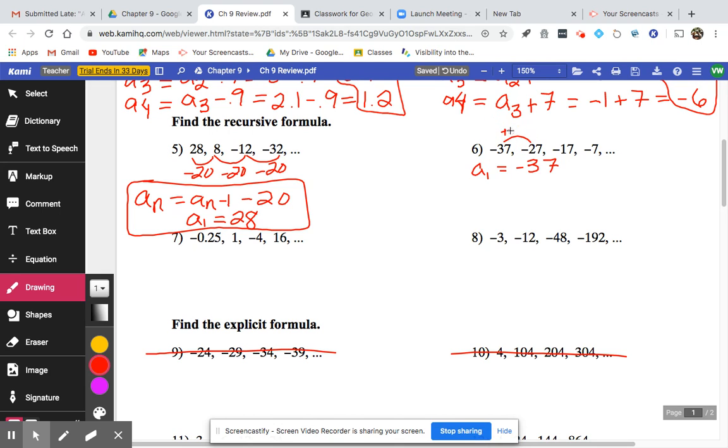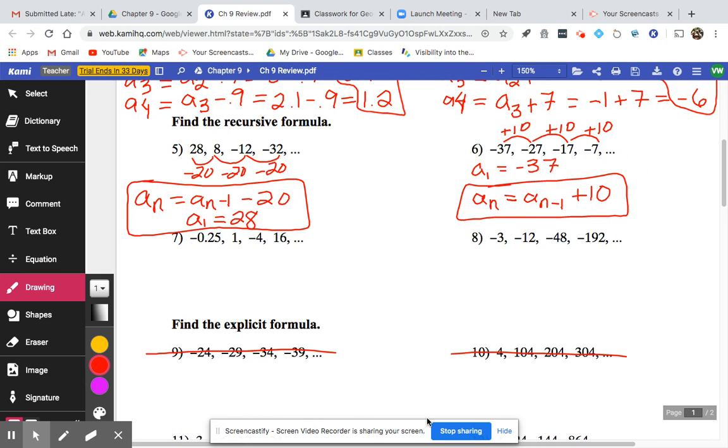Here, I'm just adding 10 from each term to the next. So to find the nth term, I take the term before and I add 10. And that's the recursive formula rule for number 5 and number 6.